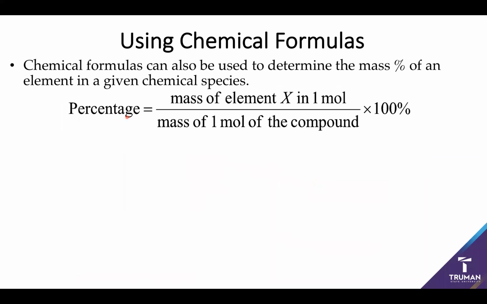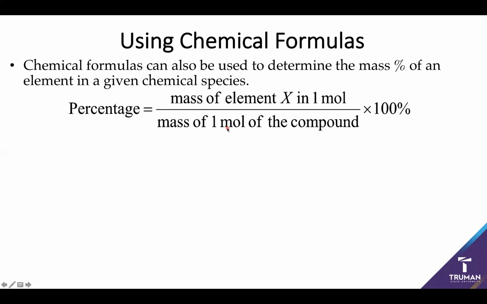And this may look fairly familiar, as this is the description of chemical compounds that was originally used way back in chapter 2 when we were deriving the composition of species and ratios. So in this case, we can find the percentage of a given element in a species by taking the mass of that element in 1 mole of compound over the mass of 1 mole of that compound.